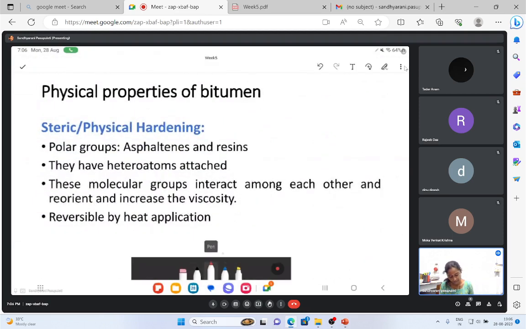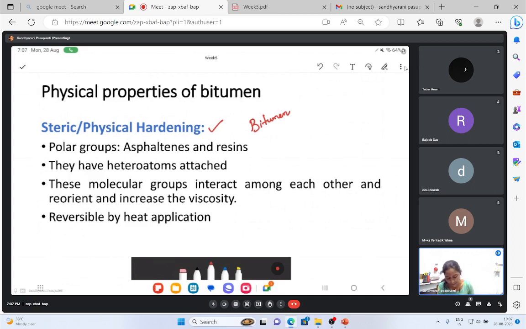So let us see the third one, physical hardening. Let us say my bitumen has not been subjected to any kind of temperature, any pressure or any other external factors. Still, if you keep storing your bitumen in a drum just at normal room temperature, there is a possibility of undergoing aging.